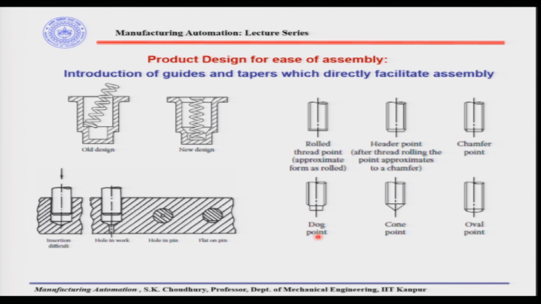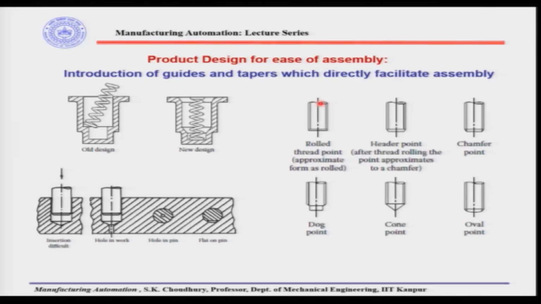Here this is a dog point, here there is a cone point, and here there is an oval point, all right. These different types of screws are used in practice. For example, if there is no chamfer, cold rolled screws are very cheap, so they can be easily used.